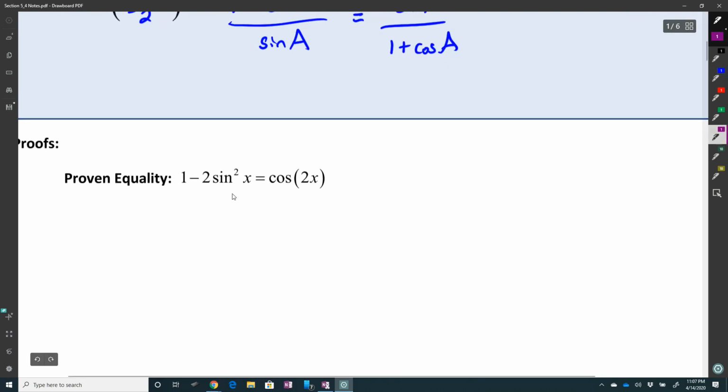In 5.3, we proved this is a proven equality. So what I mean by a proven equality is that I can now work on both sides because these two things are equal. So it's not a proof. I can work on both sides. Why? Because we already know they're equal.